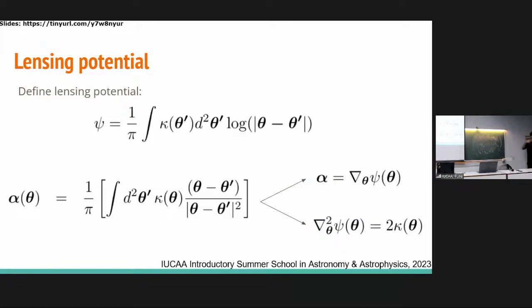Otherwise, you have to do a full general relativistic calculation, taking into account the geodesics and the paths of the light rays, especially near black holes, like the black hole shadows, the photon spheres, and so on. There you have to take into account the full theory of general relativity.